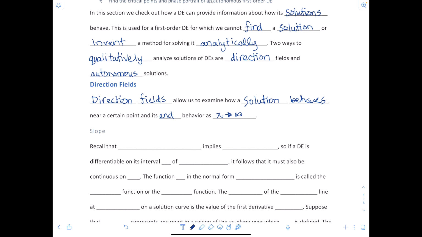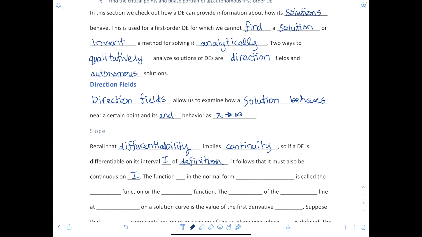Recall that differentiability implies continuity. That's from Calc 1, in case you forgot. So if a differential equation is differentiable on its interval I of definition, it follows that it must also be continuous on I.